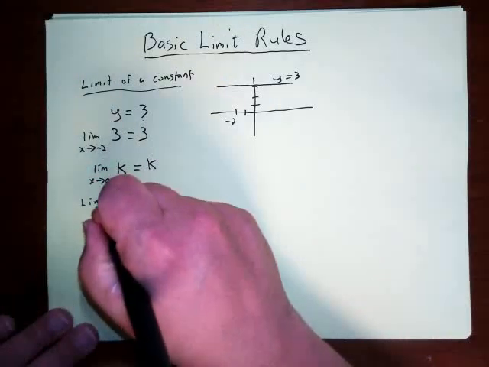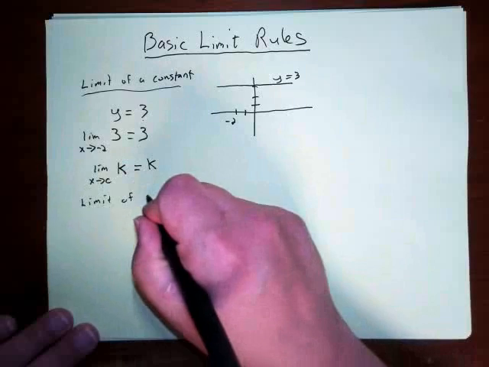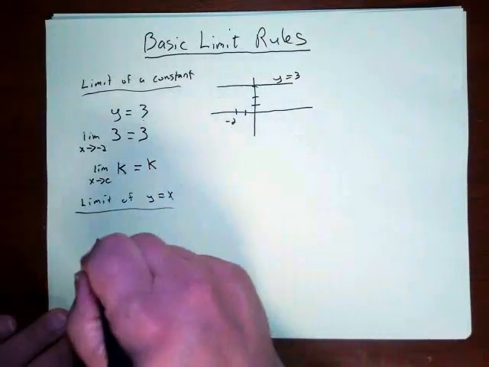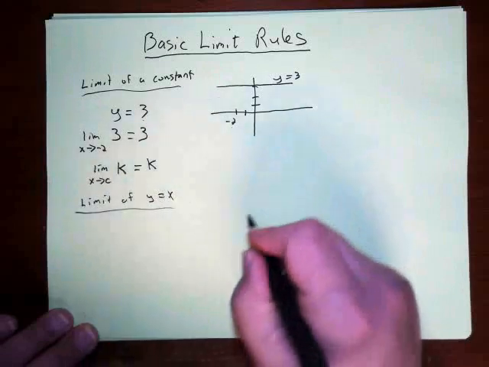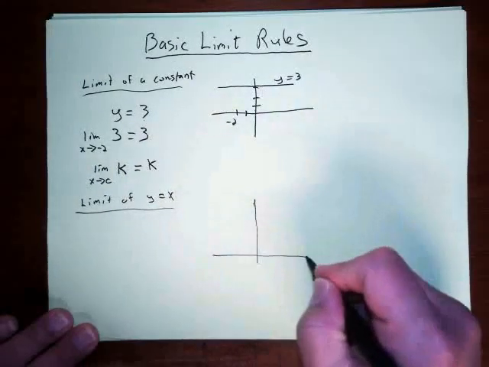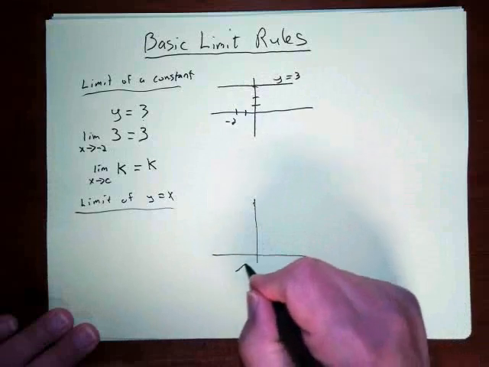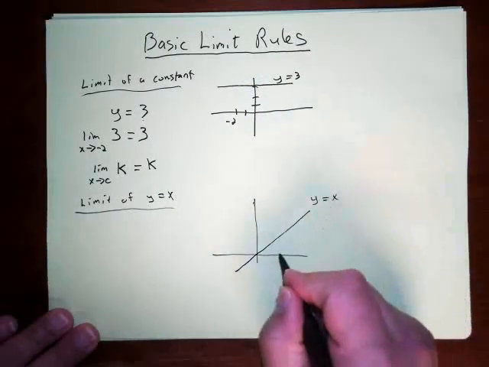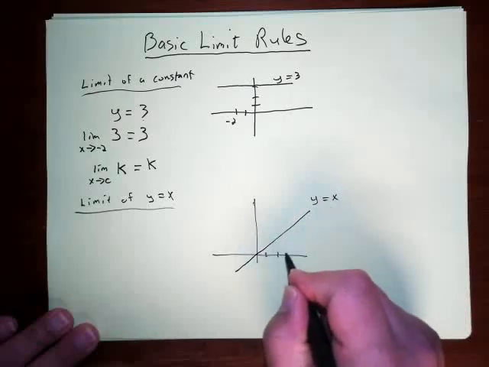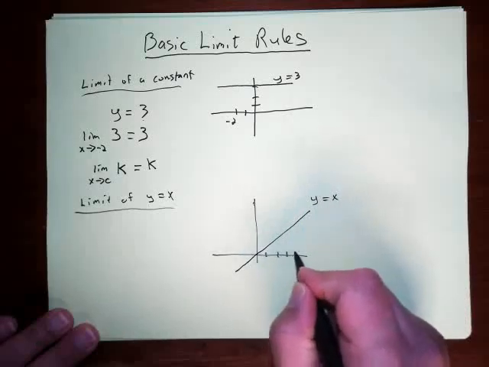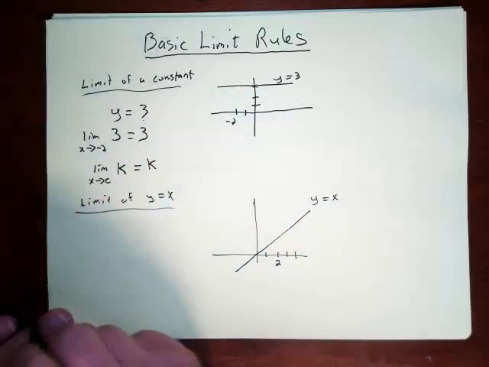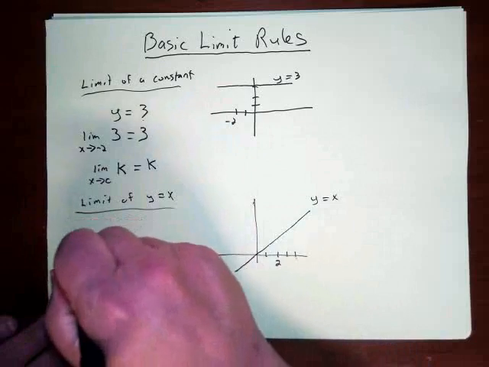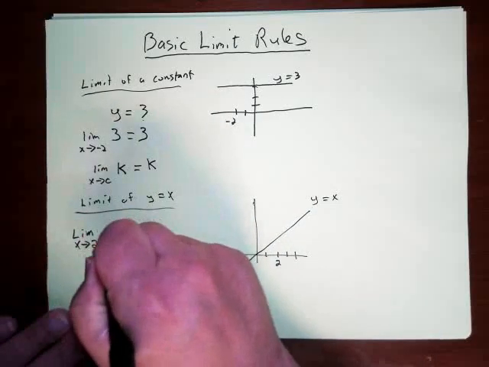We'll call this the limit of just y equals x. Clearly, if you have the graph of y equals x, it would look like this. Let's say we want to know, here 1, 2, 3, 4, the limit as x approaches 2 of just x.